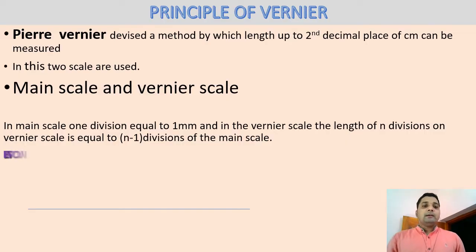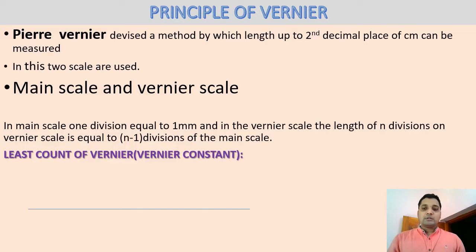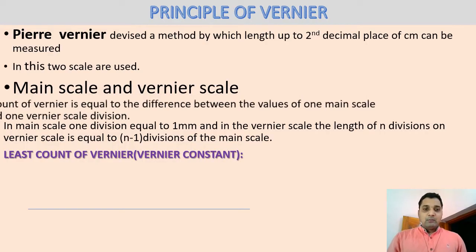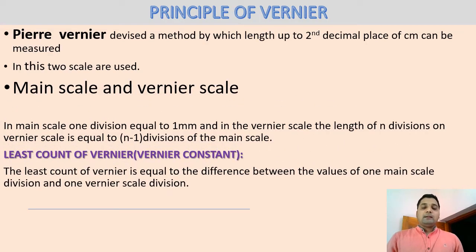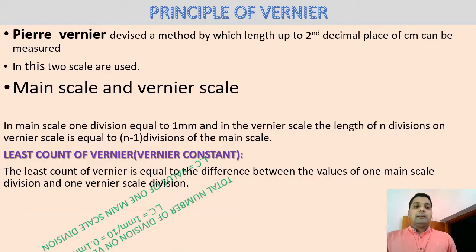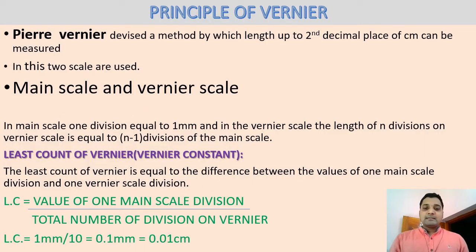To calculate the least count of any given Vernier caliper, which is also called the Vernier constant, we use the formula: least count of Vernier caliper equals 1 main scale division divided by the total number of divisions of the Vernier scale. One main scale value is 1 mm, and the most common Vernier caliper has 10 lines in the Vernier scale.